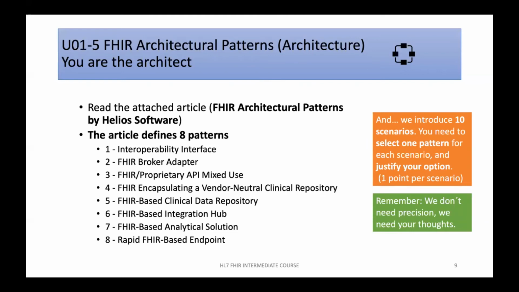You need to select 1 pattern for each scenario and then justify your option. You actually have to write in English something, not code. And we don't need to be precise. You don't need to be right. We just need to see how you think and write your thinking.